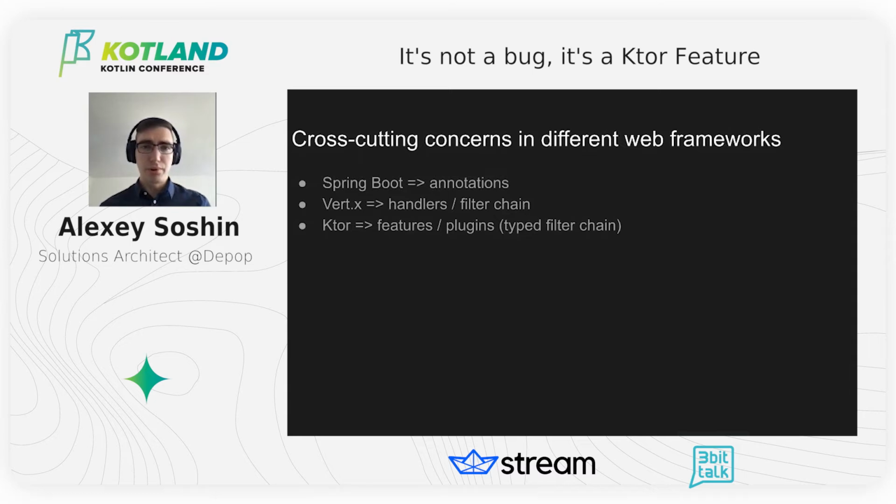Spring Boot, for example, is notorious for using annotations. If you ever used Vert.x, then you know that it uses mostly generic handlers, which is basically a chain of filters. And Ktor takes a third approach, which it calls plugins. And plugins is basically a typed filter chain.